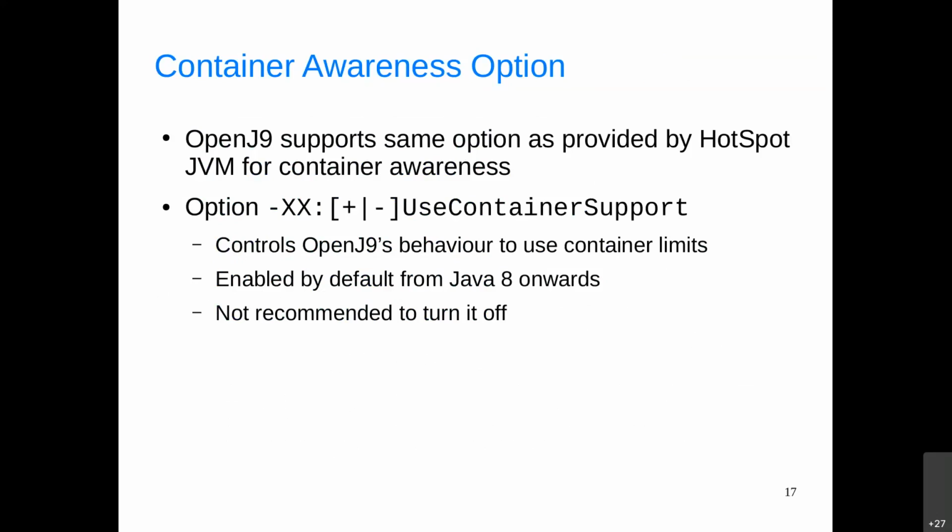It's enabled by default from Java 8 onwards, and it is strongly recommended not to turn it off. Otherwise, your process may try to use more memory or CPU than the limits imposed by the container and may run into problems.